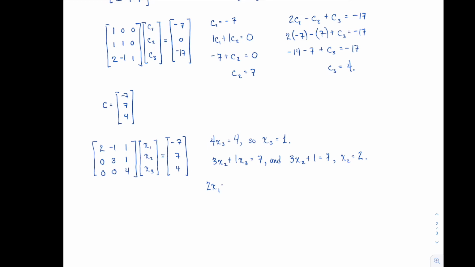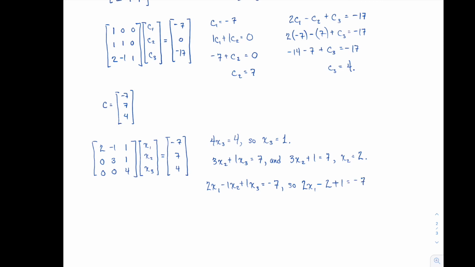And finally we have 2x1 minus 1x2 plus 1x3 has to be minus 7. Well, we know x2 and x3, so let's see. This is going to be 2x1 minus, well, what is x2? x2 is 2. Plus an x3, x3 is 1.